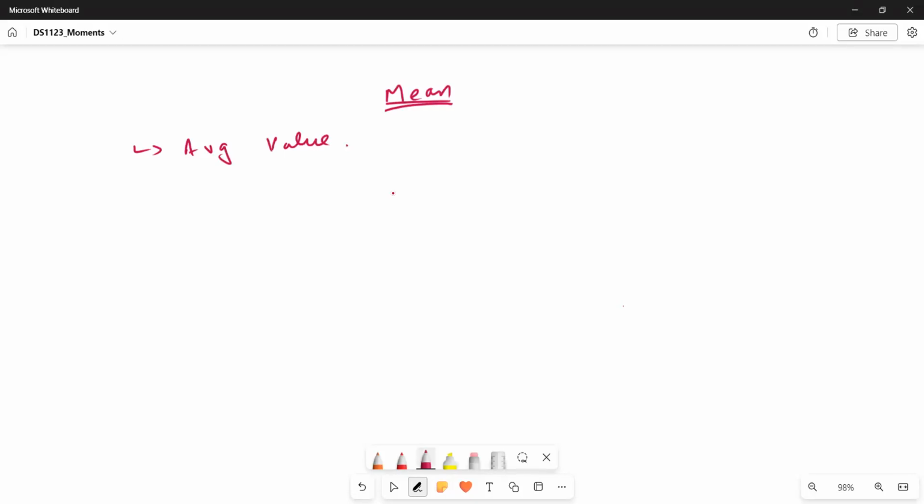For example, if you're discussing an employee data set, and you already know the average salary of an employee in an organization, then if you are applying for a position in this organization, you can get an idea about how much salary the company will offer based on the average salary of the employees.